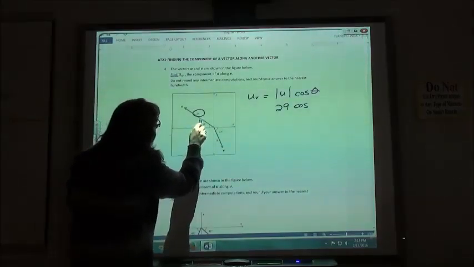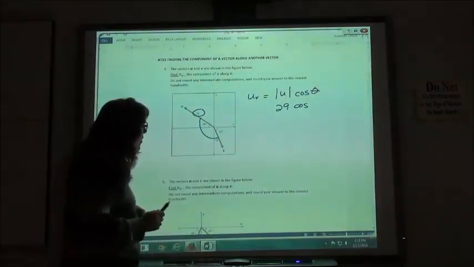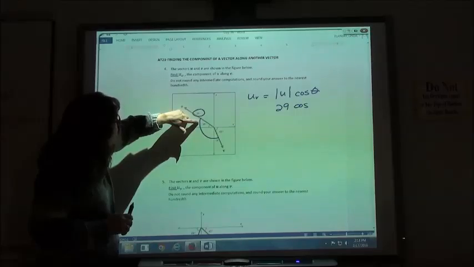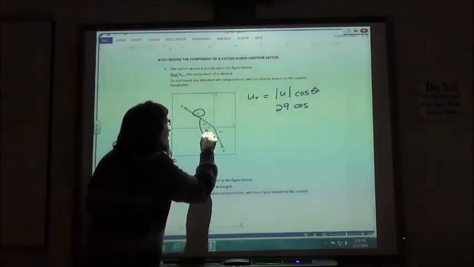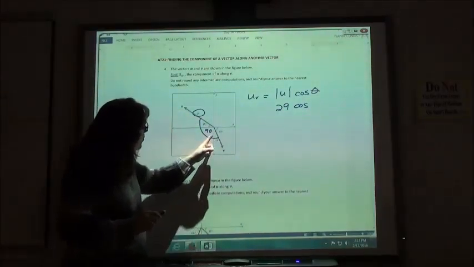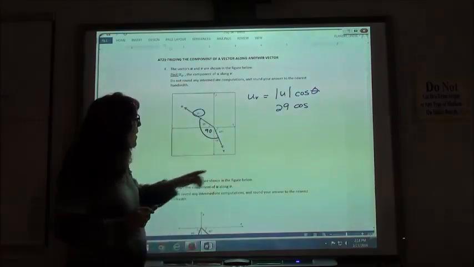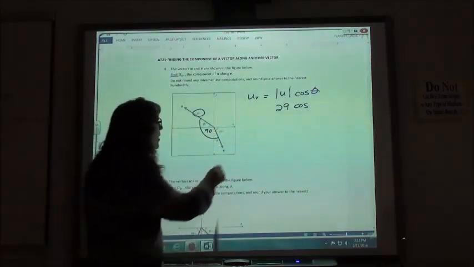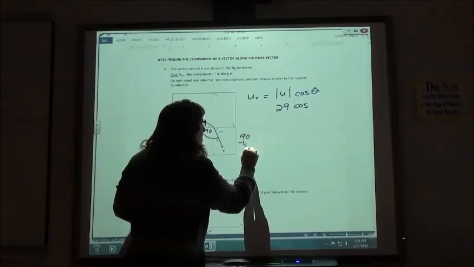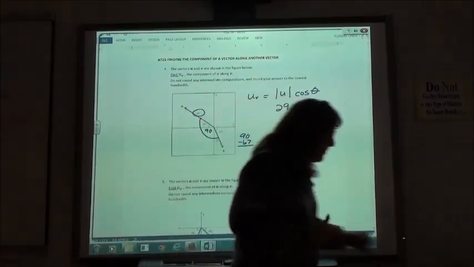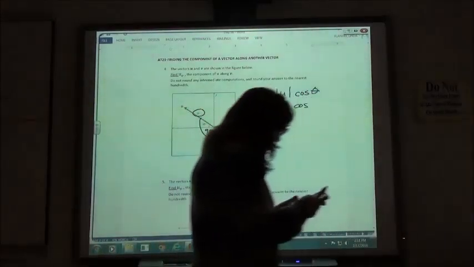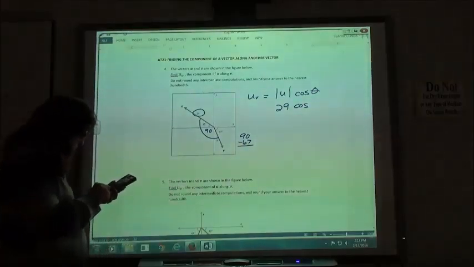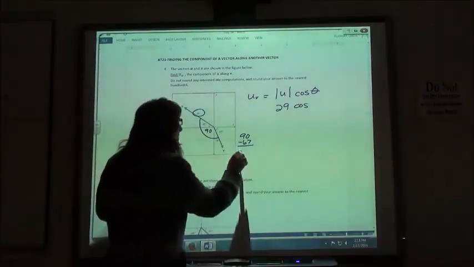Now we want the angle between here and here. So we know this little section is 35. We know right here is going to be 90. We still need to find that little section in there. Since that's a right angle, I can take 90 minus my 67 to find that angle. 90 minus 67 is 23.